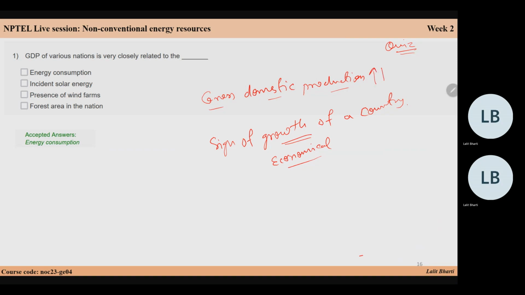If the production is higher, then we need higher energy, so the energy demand will be higher. So from this statement, yes, a nation's GDP is related to energy consumption. So the first option is correct.